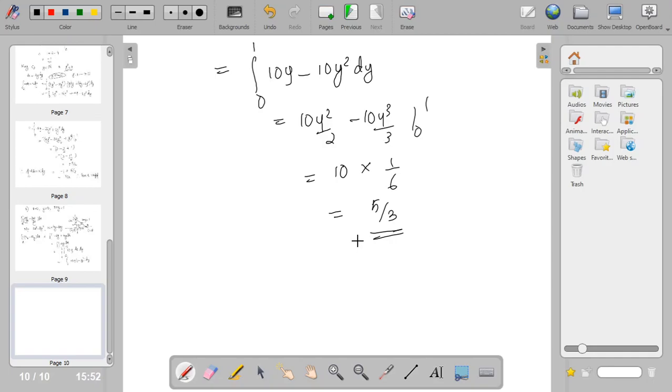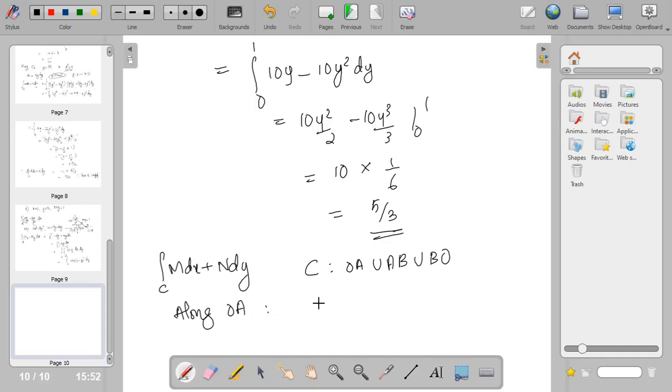And now we will find out integral over c m dx plus n dy. Now c will be OA union AB union BO. So along OA you have y equal to 0. So dy will be equal to 0.